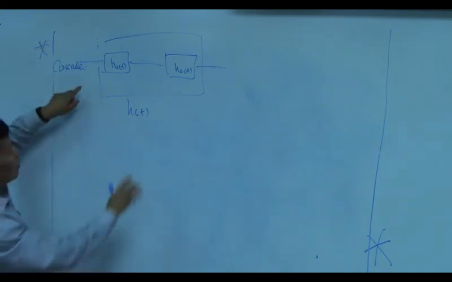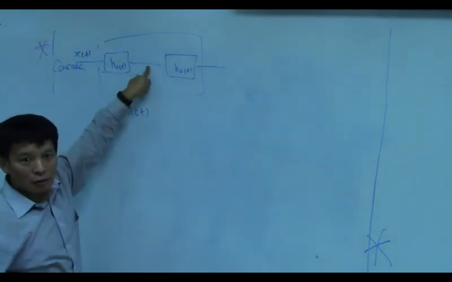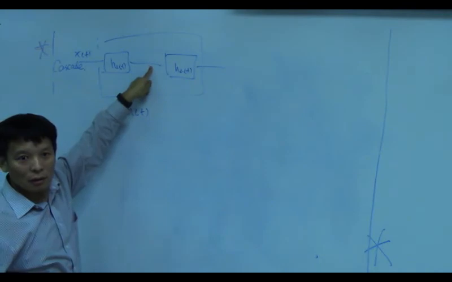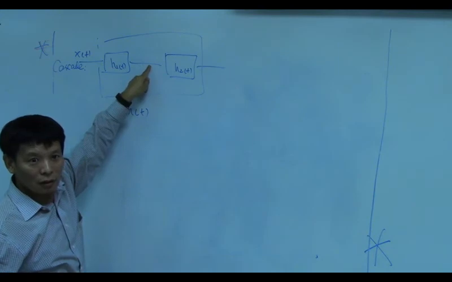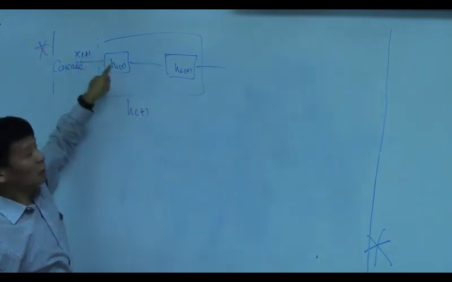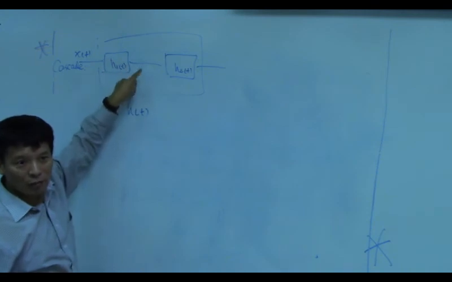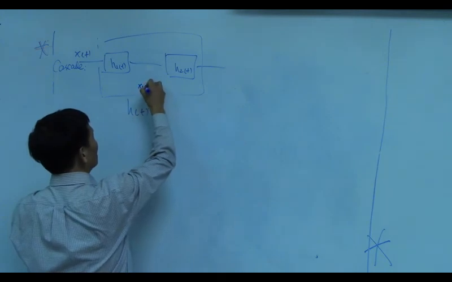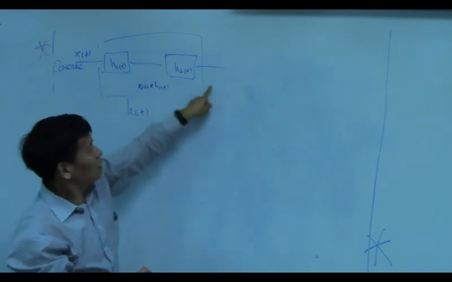Okay, let's see. Suppose you have x(t) here. What is the output at this point? It is x(t) convolved with h1(t), the output of stage 1 but also the input of stage 2. What is the output here?